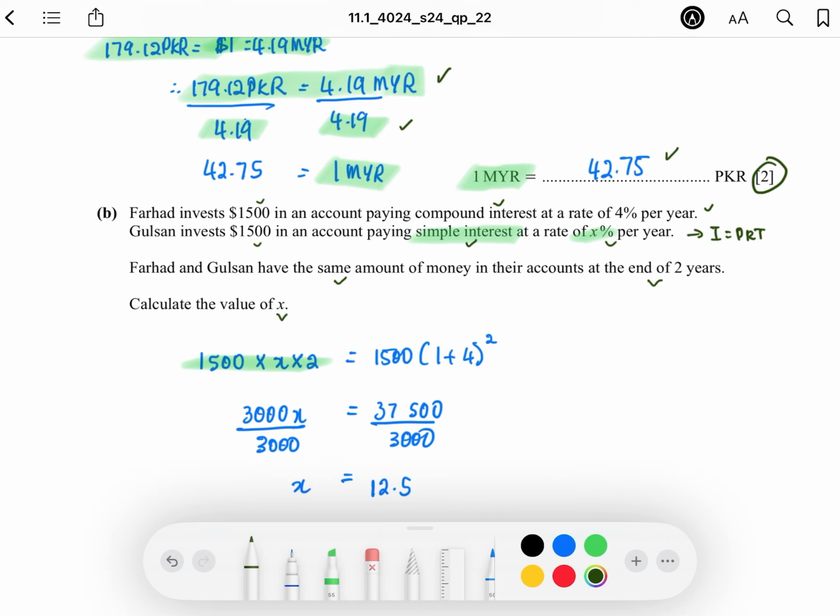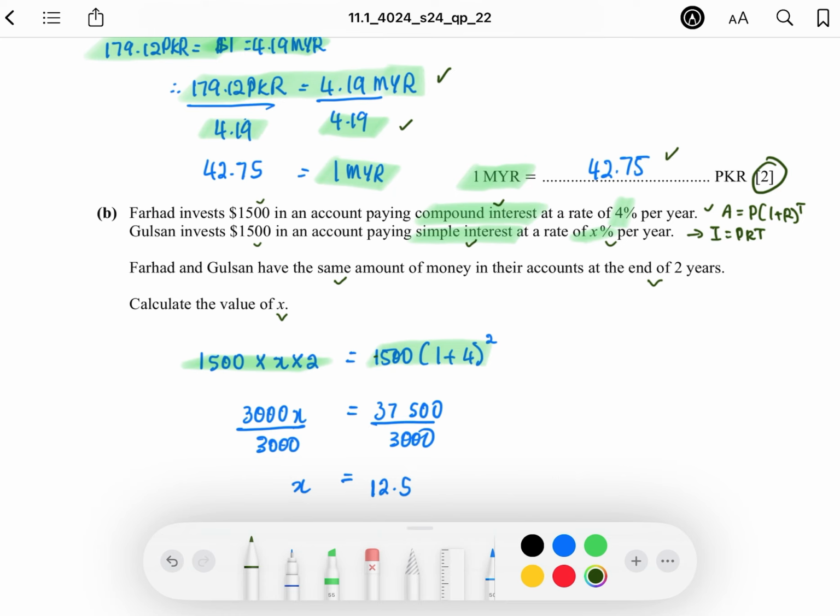And then this one would be the compound interest at 4%. So for compound interest, the formula would be that.